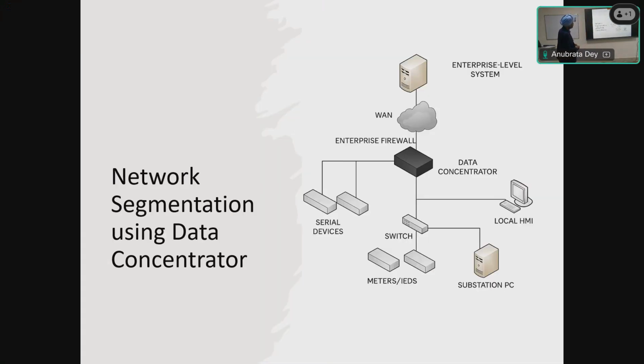And this is the modern concept that they have, which is network segmentation using data concentrator. Okay, you could use the data concentrator where you could control the data, basically, which way direction it will flow, depending upon where it's coming from and who have access.